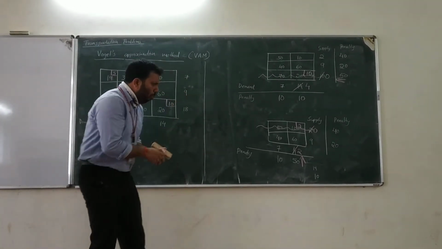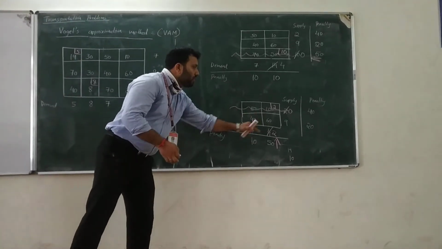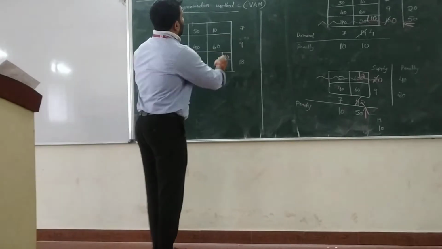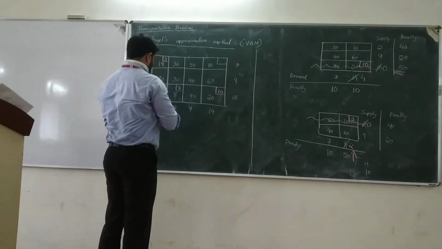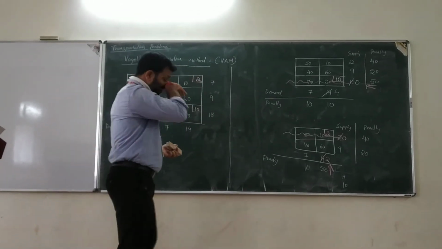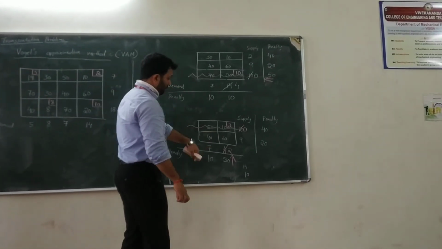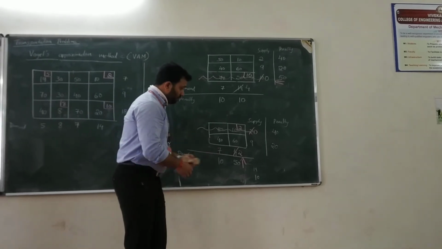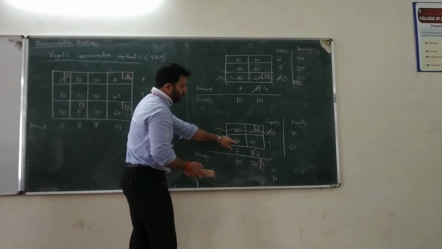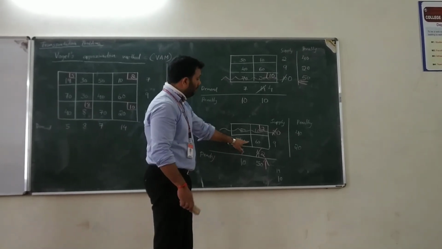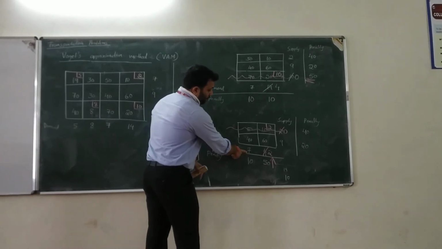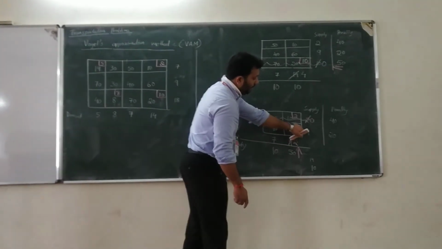Now I am left with these 2 positions. I can allocate to any of these positions, but the minimum is 40. 7 is my demand, and here 2 is the demand, and I have a supply of 9.